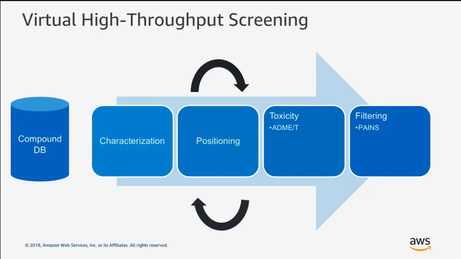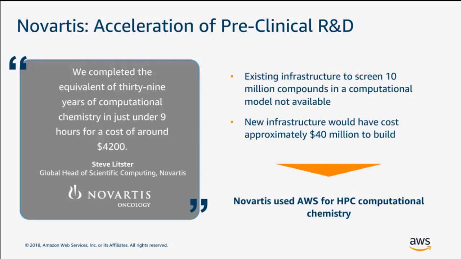So frequently you'll see the consumption of a large number of compound databases that have been built. This is a really common use case on AWS and a common use case for high performance compute resources on AWS. Specifically, Novartis has taken major advantage of this.